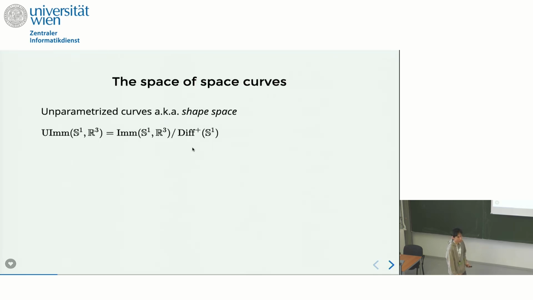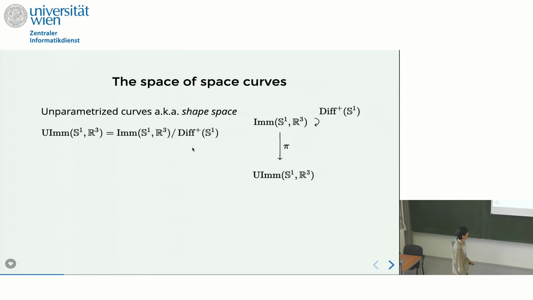And I can take away parameterization by modding out the orientation-preserving diffeomorphisms of S1. I have now lost parameterization but kept orientation. In a way, you can think of the space of immersions as a principal Diff+(S1) bundle over the shape space of unparameterized immersions.